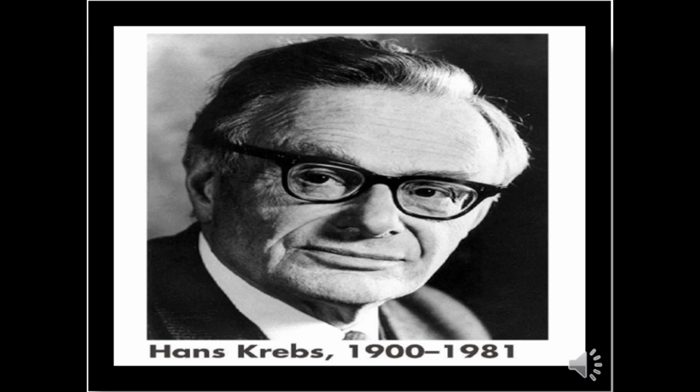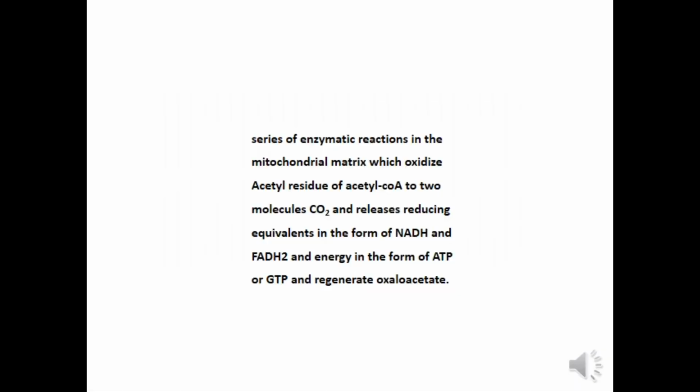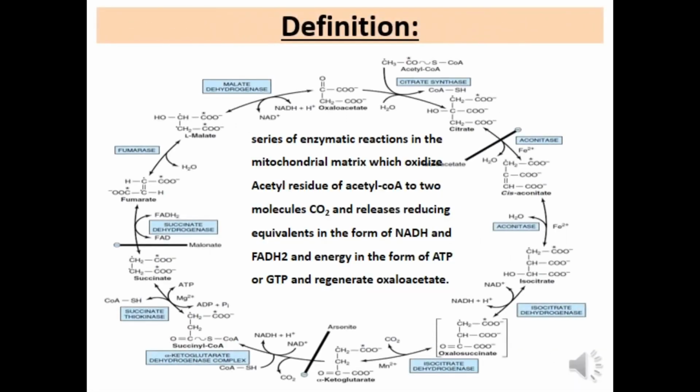or citric acid cycle. Definition: it is defined as a series of enzymatic reactions in the mitochondrial matrix which oxidize the acetyl residue of acetyl-CoA. The acetyl-CoA consists of 2 parts, acetyl and CoA.